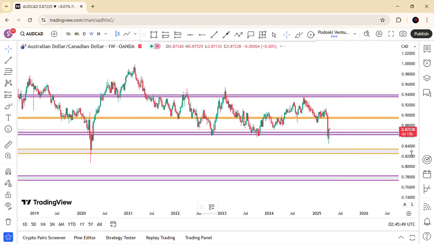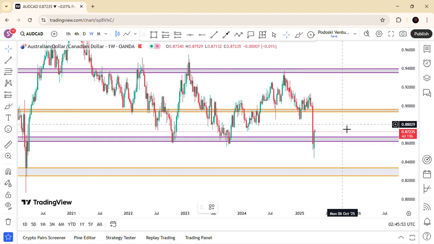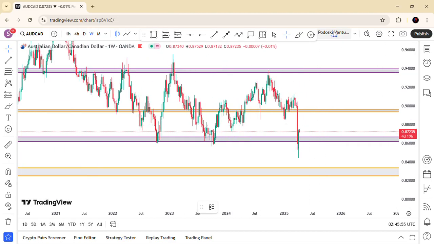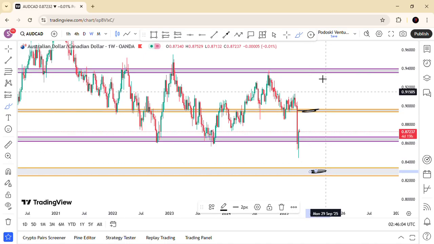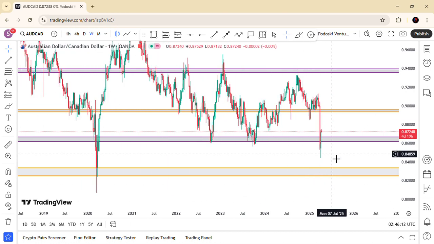On the weekly time frame, it's confirmed. We are seeing a bullish market. I have my weekly upper zone and my weekly lower zone here. If you watch closely, price is definitely buying.